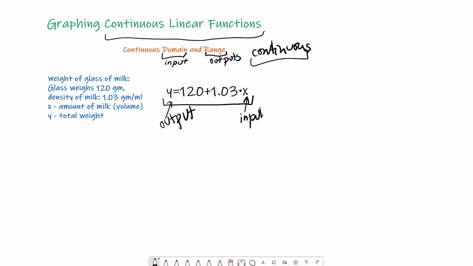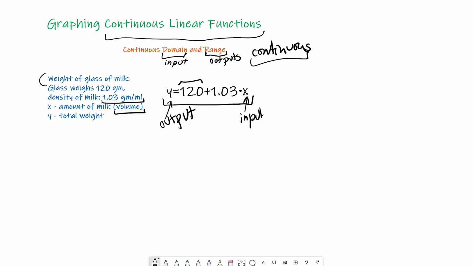So we're looking at the weight here of a glass of milk. And the glass of milk consists of the glass itself, which weighs 120 grams right there. And it contains milk. And the milk has a density of 1.03 grams per milliliter. And X here is the amount of milk in volume or in milliliters.